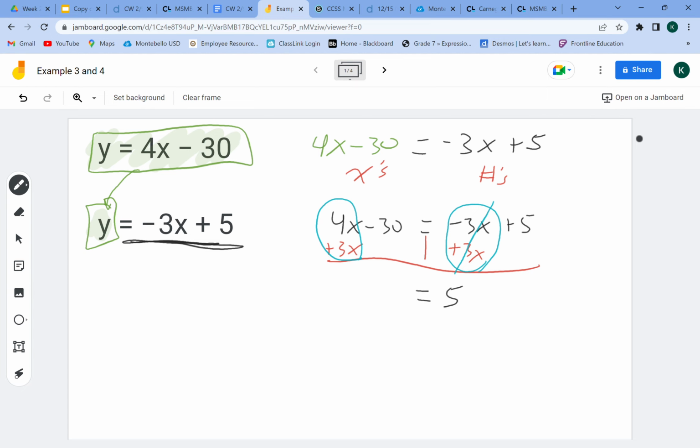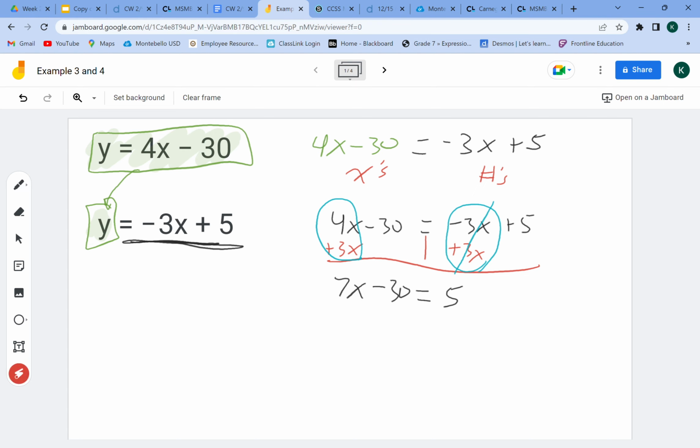I say 5 because you see how it has that plus sign here, that makes it a positive 5. So I'm just going to write a positive 5 there. And on the left, I have a positive 4 and a positive 3. So that's a party, a positive party. I add those up and I get 7x. And then I just bring down the minus 30.